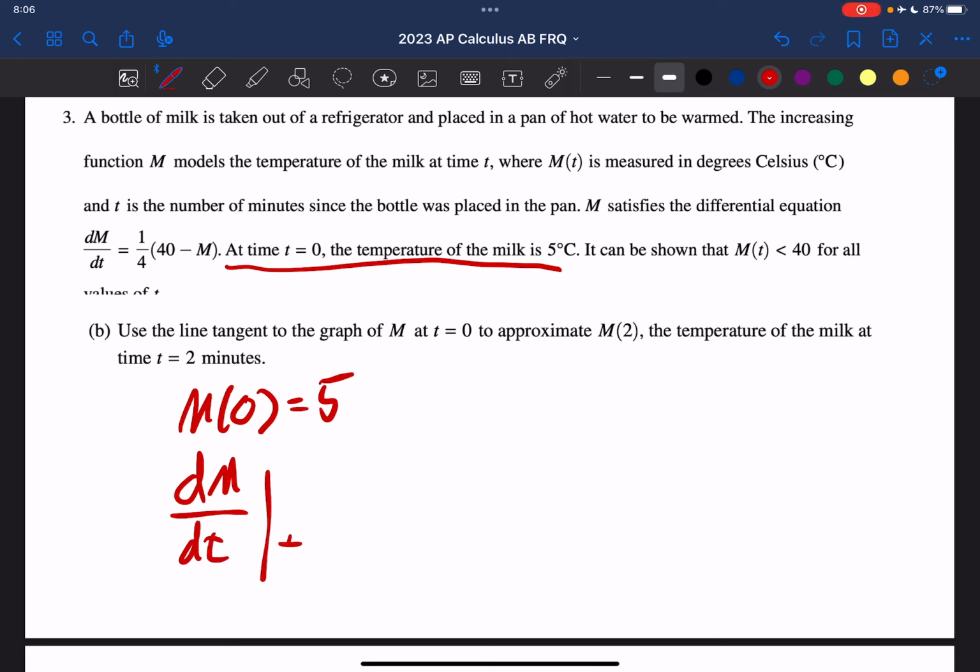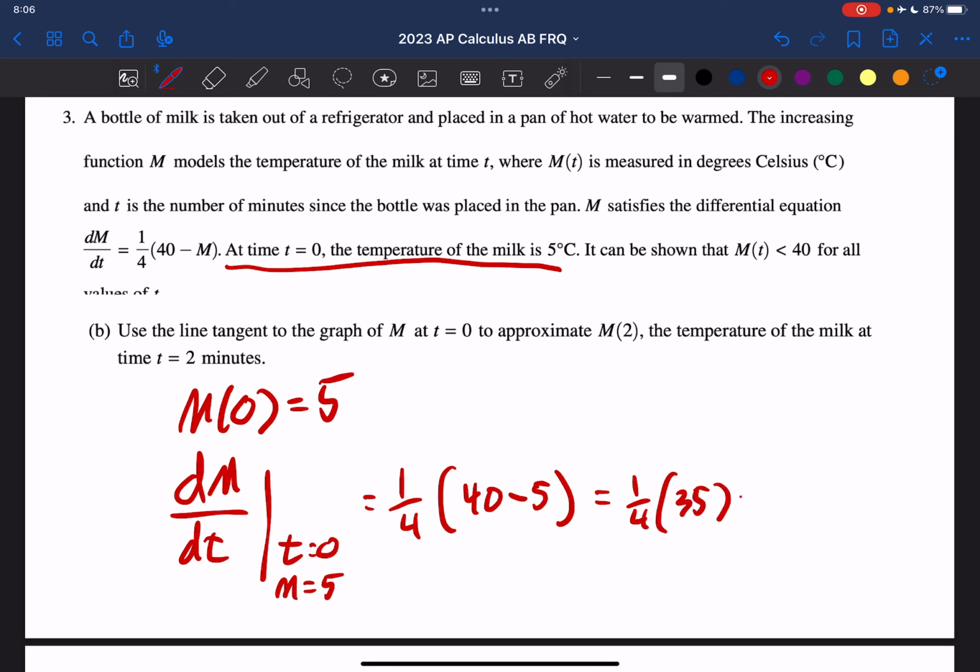So that means we're plugging in t equals 0, but we're also plugging in m equals 5. Now there's no place for t, but there is a place for m. So you have 1/4 times 35, and that's 35 over 4. And there is our slope for our tangent line.